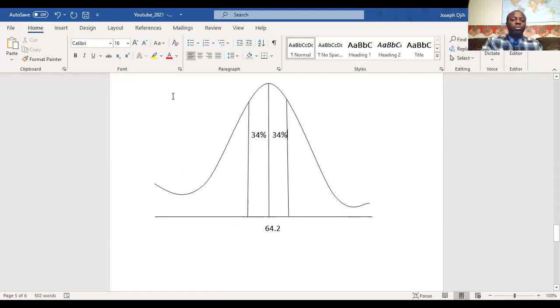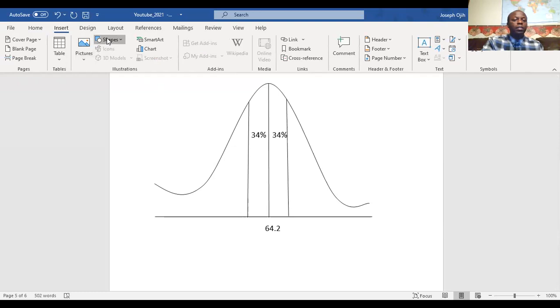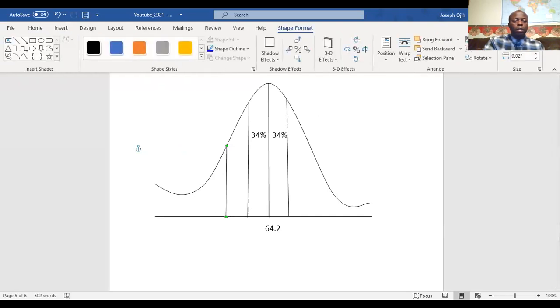Now let's get the one for 2 standard deviations of the mean. So I'm going to put the lines first. Okay, we'll have it here. Another one here. I'm going to make this line a little bit shorter and put it right here so that I have enough room to write.